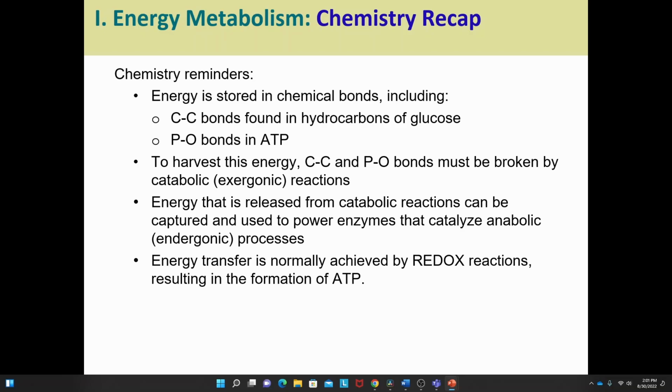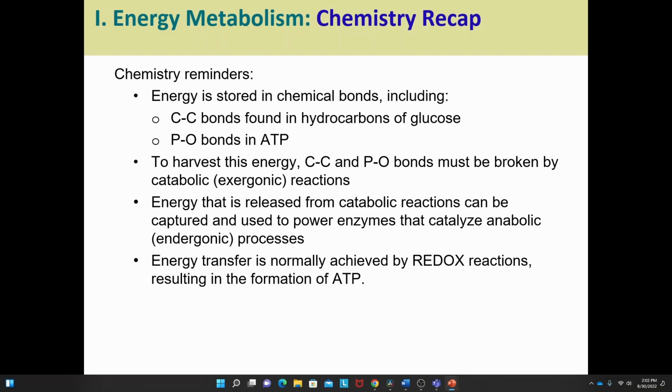Think of the chemical bond like a storage facility or a bank, right? And when you break it, right, you're going in and pulling something out of storage, or you're making a withdrawal, right? So we're getting the energy when we break those bonds. That energy, when it's released, can be captured and used to power things like enzymes and other reactions that require that input of energy.